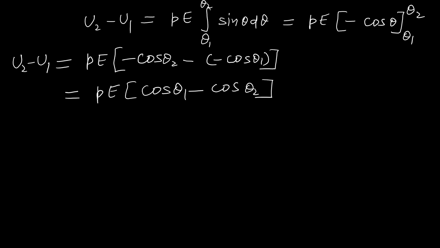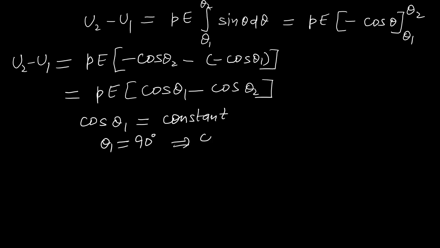Now we can take this cos theta 1 as constant, which depends on the initial orientation of the dipole. कन्वीनियंस के लिए हम क्या कर सकते हैं, हम इस थीटा 1 को इक्वल कर सकते हैं 90 के, which implies cos theta 1 equals to cos 90, which is equals to 0.